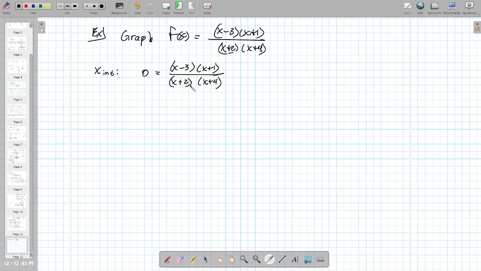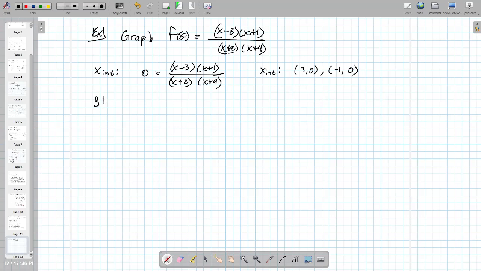But here, we're just looking at the zeros of the numerator. So if x is equal to 3, we would have 0 times whatever this is divided by whatever these are, and you would get 0. If x is equal to -1, you would have 0 times whatever this is when x is equal to -1, divided by whatever these are when x is equal to -1, and you would get 0. So our x-intercepts are (3, 0) and (-1, 0), just like that.